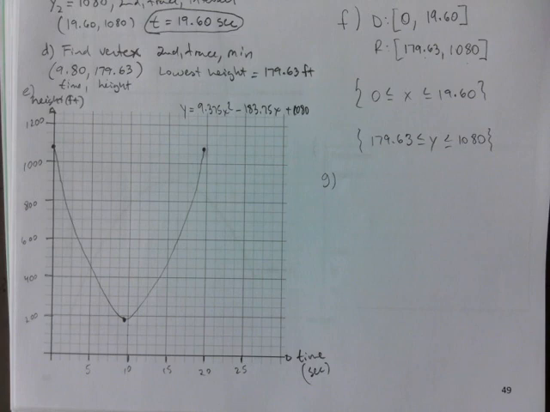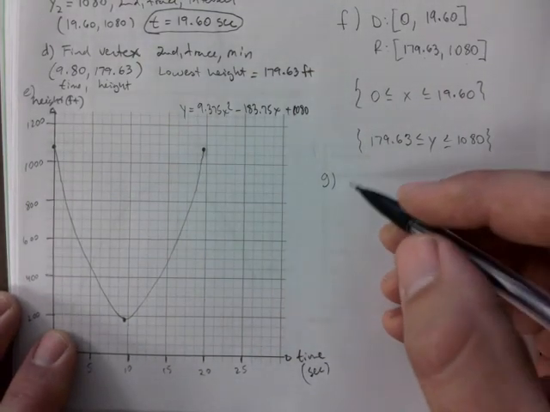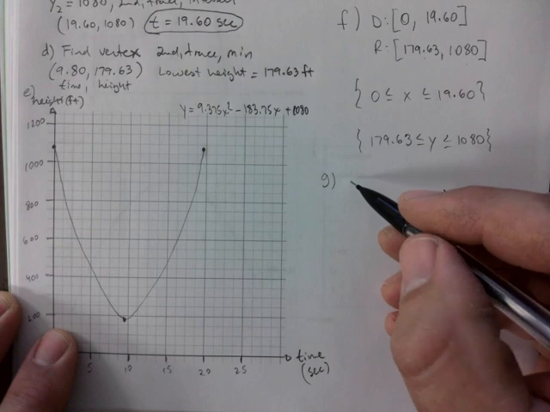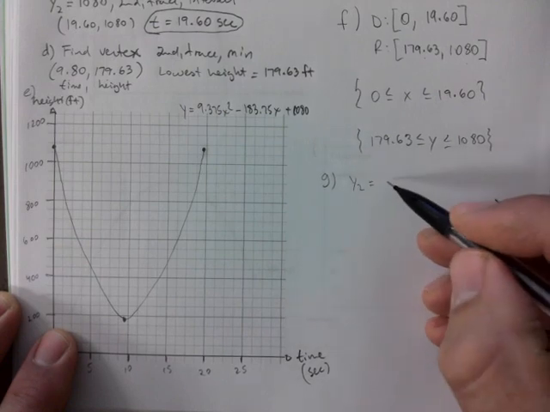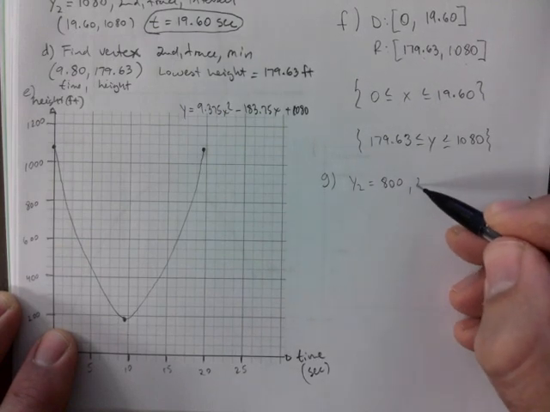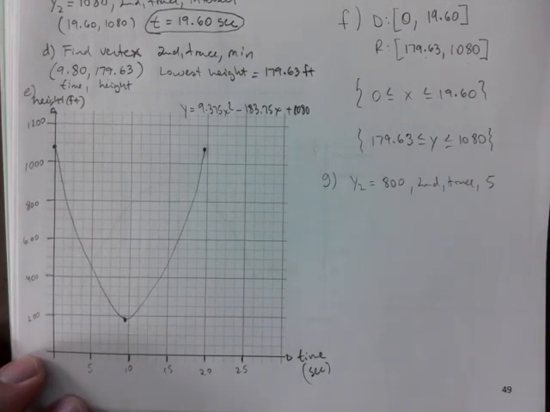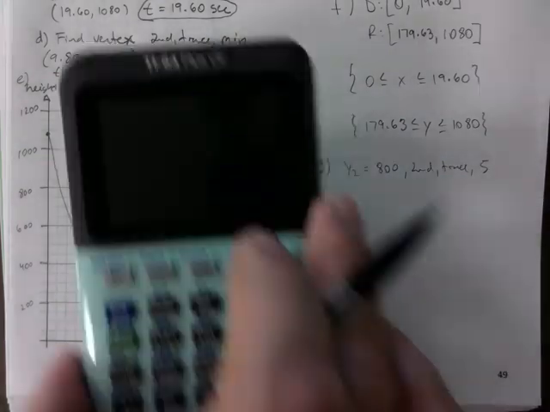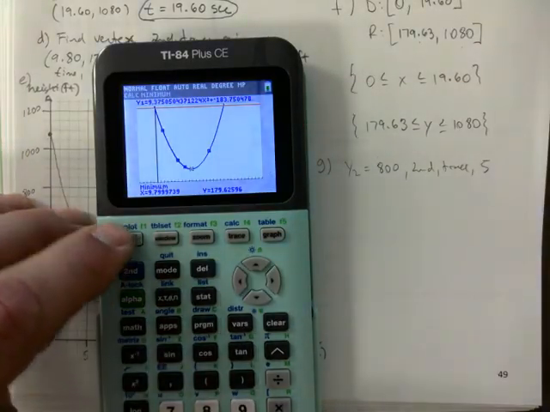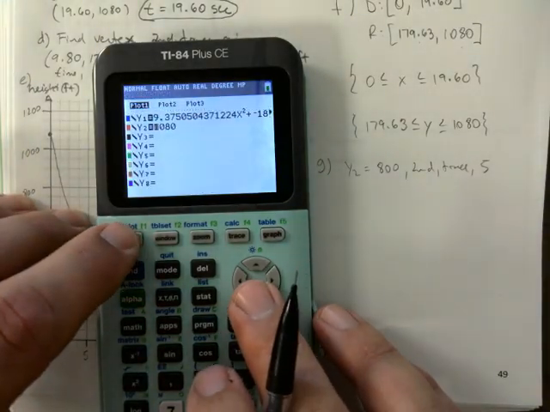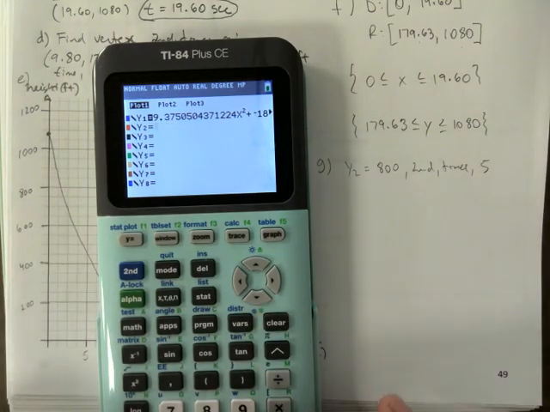How long was the plane at or above 800 feet? This one is tricky. This one is worth 2 marks usually. Well, let's start with this. We were given a height, so we're going to go ahead and find those points. So y equals, I'm going to clear that and replace y2 with 800.